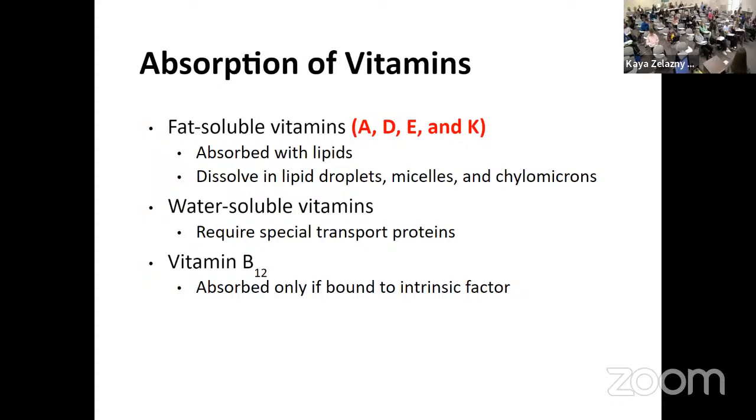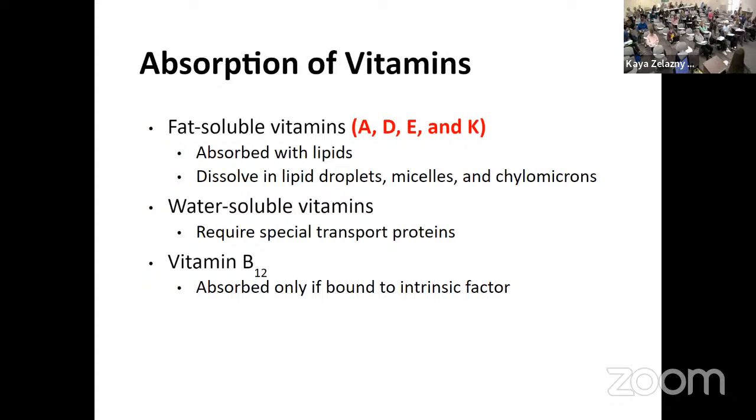For our water-soluble vitamins, you're going to have specific transport proteins for those specific vitamins. Imagine just like when we had channels for sodium, channels for potassium, transporters for glucose, you'd have a special transport protein dedicated to each water-soluble vitamin.